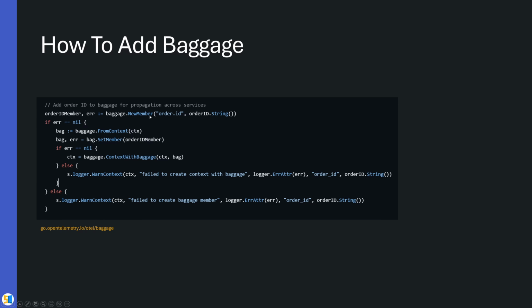And then I create the member, give it a name, for example, order.id, and then use that member as a set member here. Okay, so I create a member first and then set that member. And then I pass this baggage in the context, right? So this context will be carried on to the child spans. And then those child spans or another service can also extract this baggage from the context.